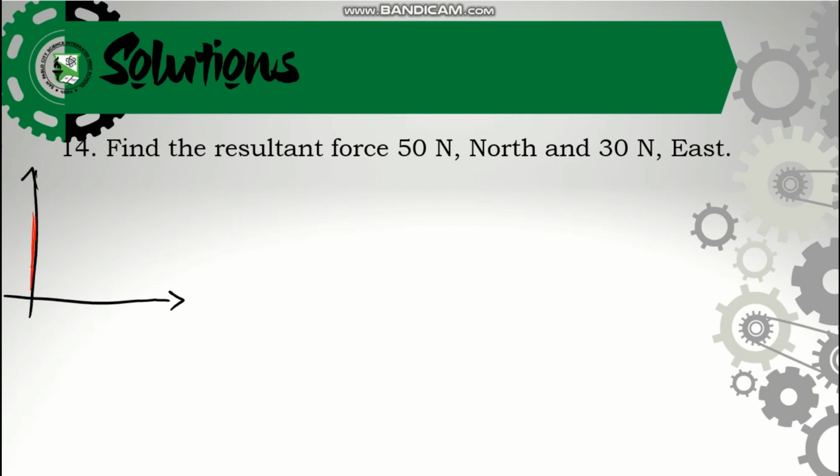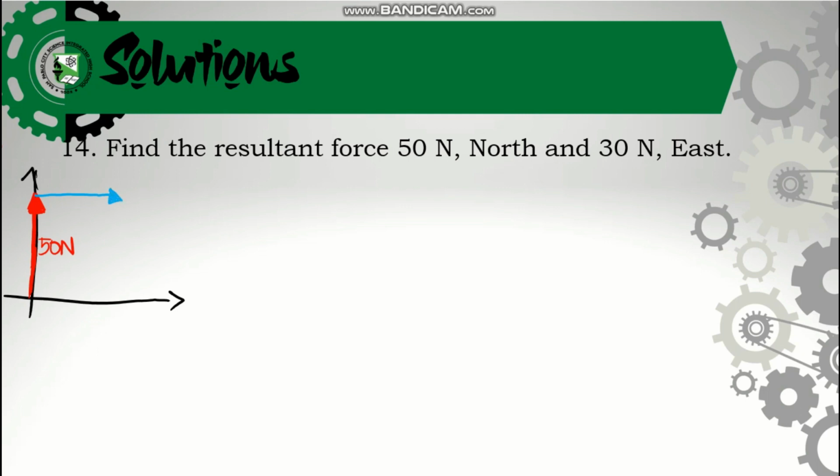Number 14, which is find the resultant force of 50 Newton north and 30 Newton east. Same, we're going to graph. So Cartesian plane and then always graph first the first one, which is the 50 Newton in the positive y and then 30 Newton is in the positive x. We're just going to connect it. Please label all the diagrams with the forces.